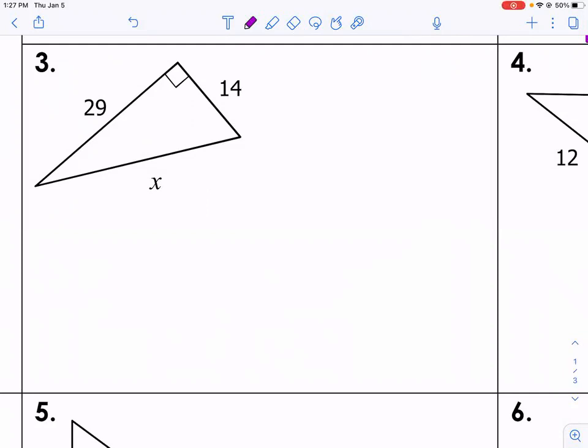Do you and your partner agree on an answer? Yeah. Avery, what did you write to start off this problem? As long as the hypotenuse is by itself. Okay. So Seth, what is 29 squared plus 14 squared?